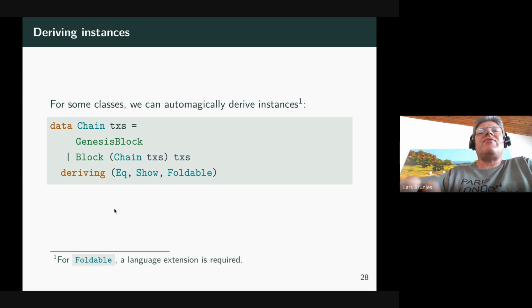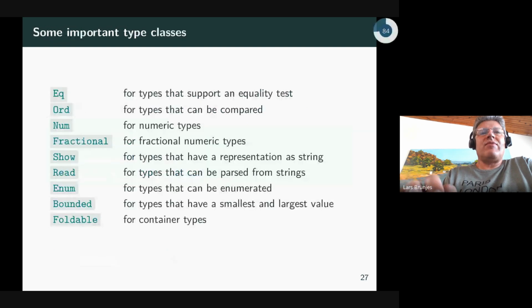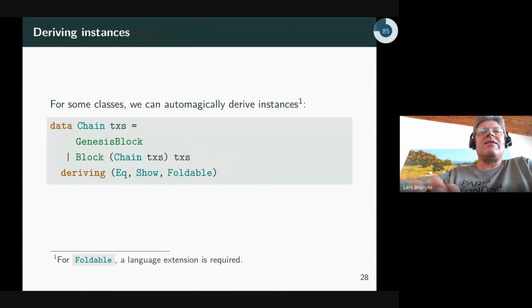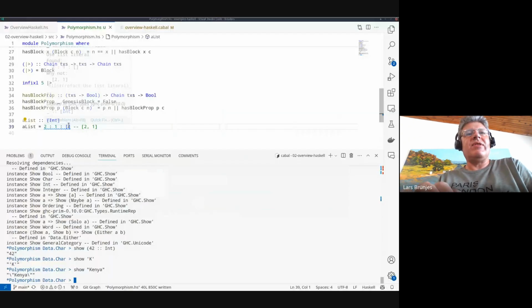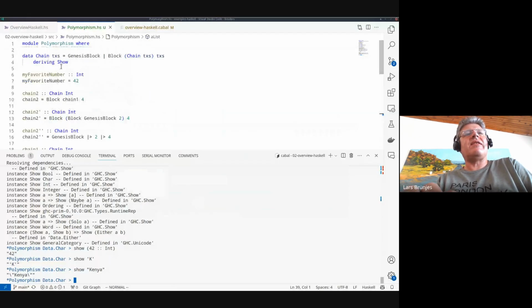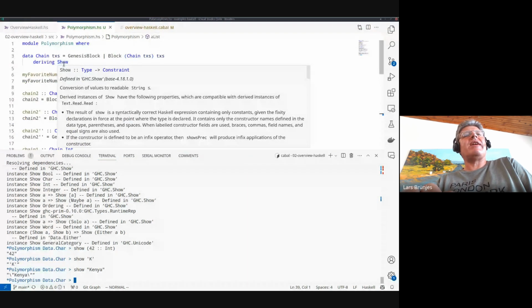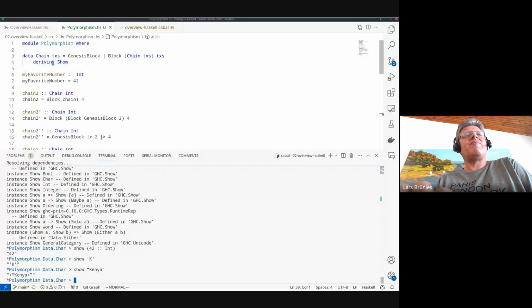But luckily for most of the classes on this slide, though not the numeric ones, you can do that automatically by using this so-called deriving clause. I did that for Show. I didn't have to write any code for Show; I just used deriving. So the compiler automatically implements this.